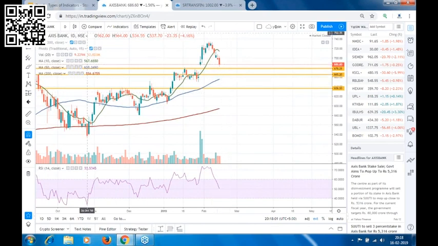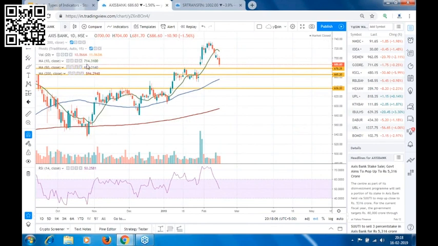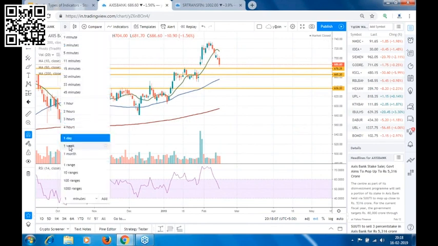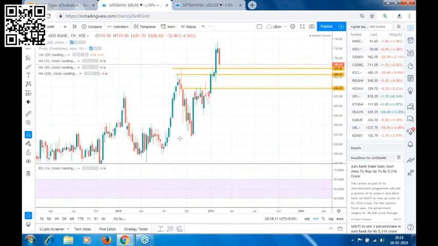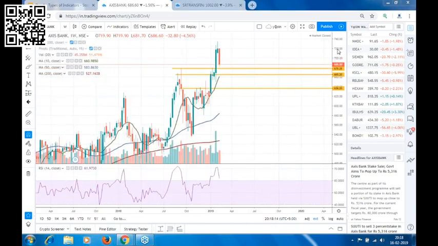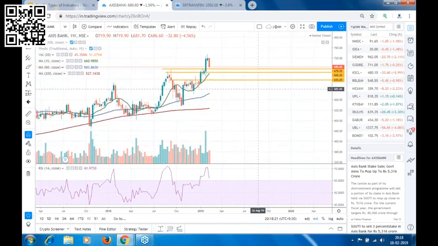Right? Now in this also, we can check first the weekly chart. Now see, any support or resistance on a bigger time frame is considered to be a very strong support or resistance, and that support or resistance is not broken that easily.